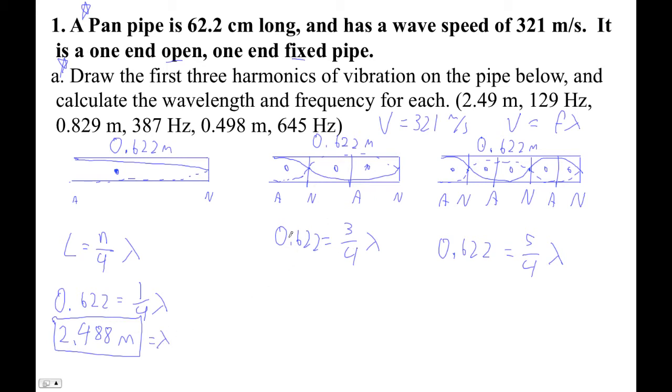Then here I'm going to go 0.622 times 4 divided by 3, and I get 0.829333. Let's see, yes, I got that right. Then for this one, 0.622 times 4 divided by 5, and that is 0.4976.